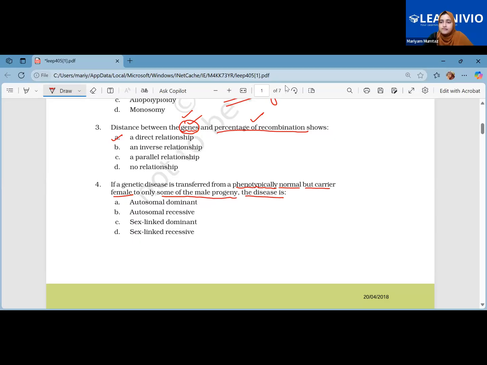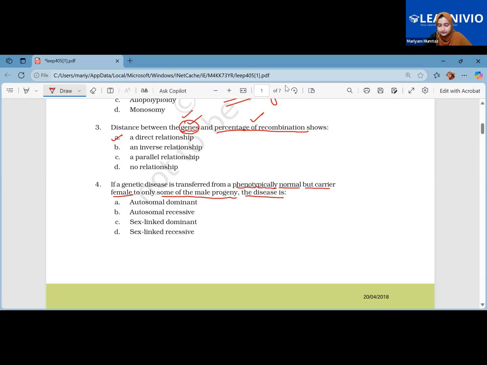Is it autosomal recessive? Autosomal recessive. Yes. Okay, both of you explain your answers. Why do you think it is? Because it said that it is carried on to only some of the male progeny, not simultaneously. So it is carried from them to some of the male progeny. What is your explanation, Aisha?